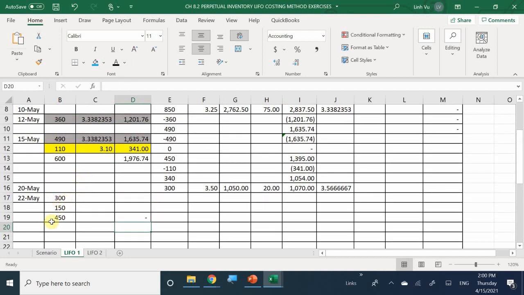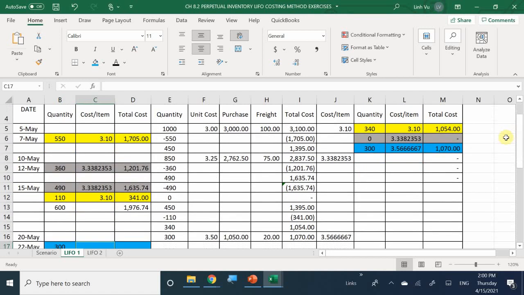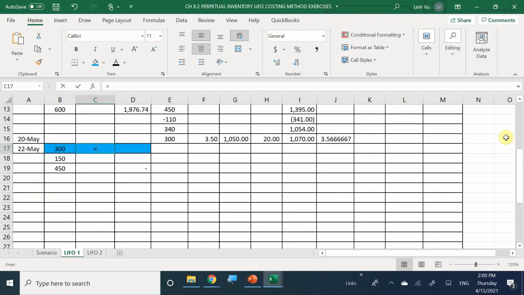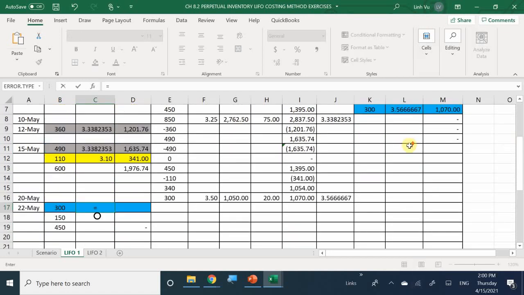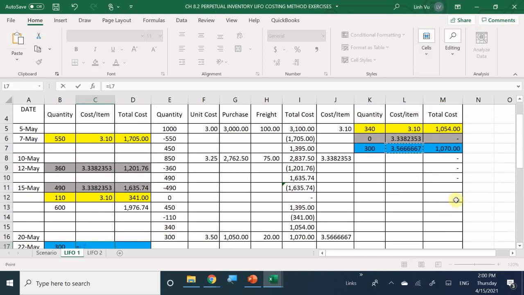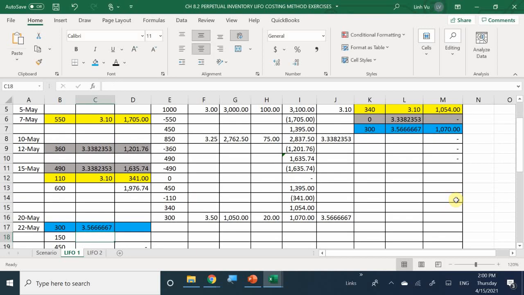If we know for a fact that this is going to be from the blue, and we're going to get rid of the entire batch, do we really need to calculate this? No, because we already know if we're going to get rid of the whole entire thing, it's going to cost me $10.70.